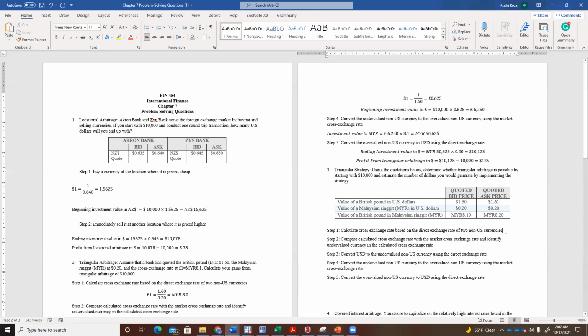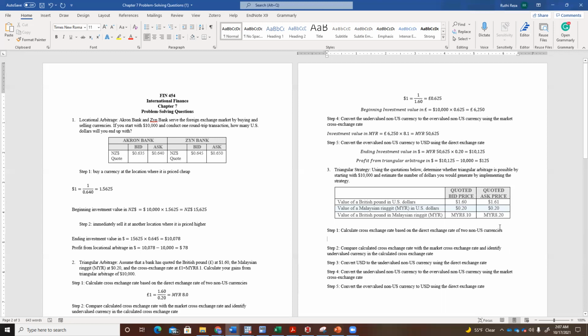Okay, in step number 1, we are going to calculate our cross exchange rate based on direct exchange rate.